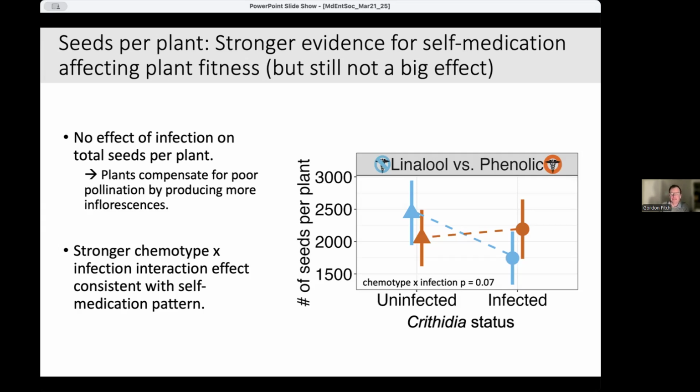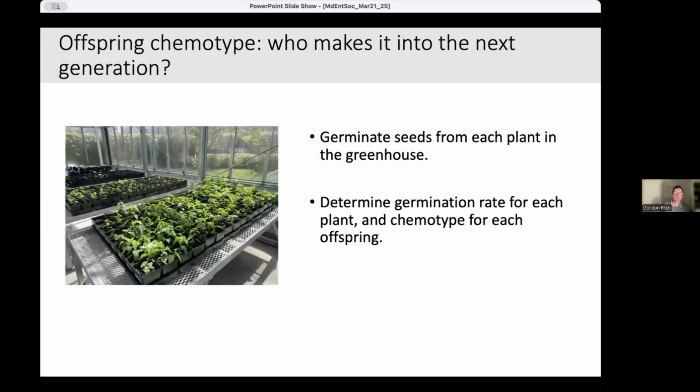So then to dig into this a little bit more, see if there's something else going on here, we took those seeds that we had collected and we planted them in the greenhouse, let them germinate, and looked at the germination rate. So did that differ between plants that were pollinated by infected and uninfected bees?